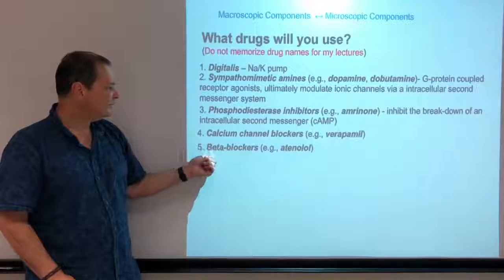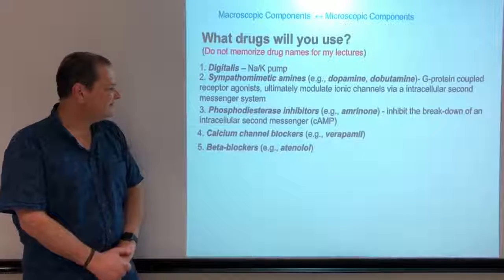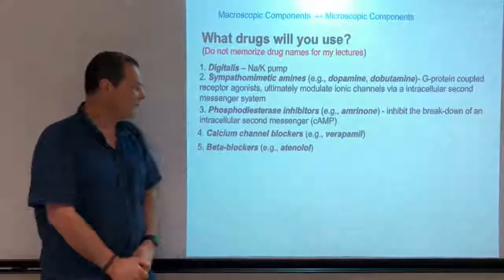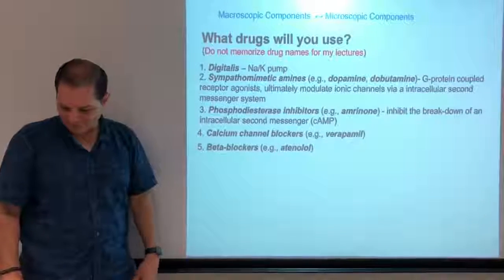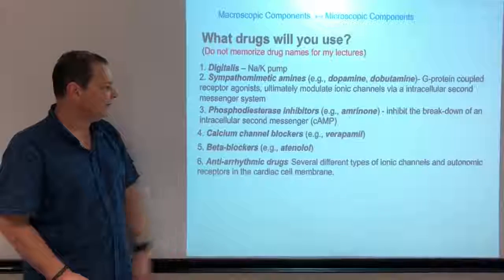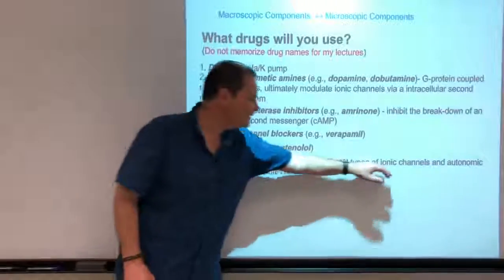Beta blockers block the effect of the sympathetic nervous system on the heart, and you will see that those are invaluable for the treatment of heart disease, and you will learn why that is. And antiarrhythmic drugs work on the level of the ion channels.